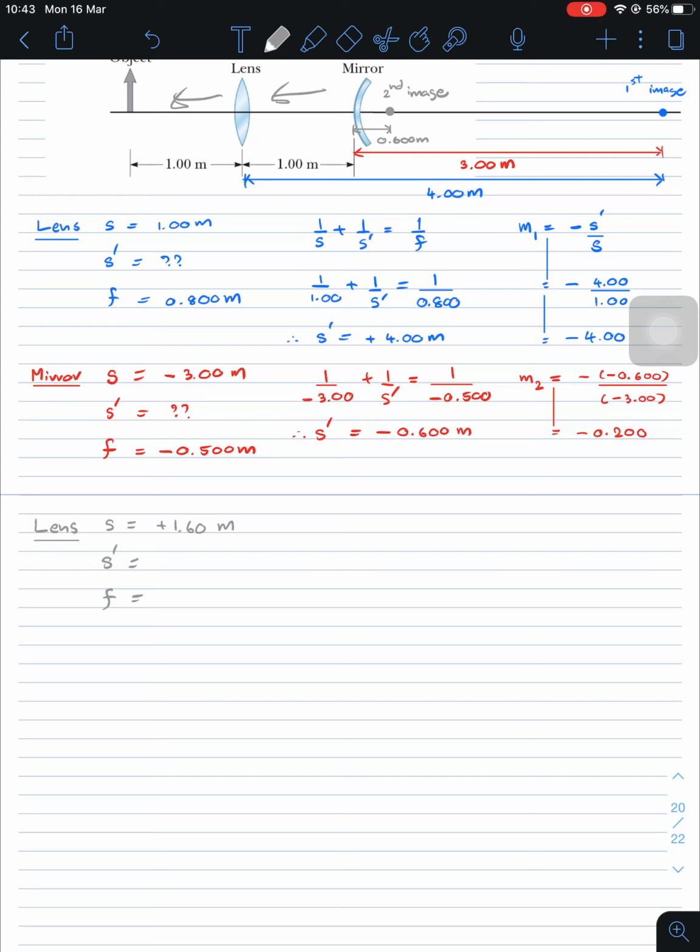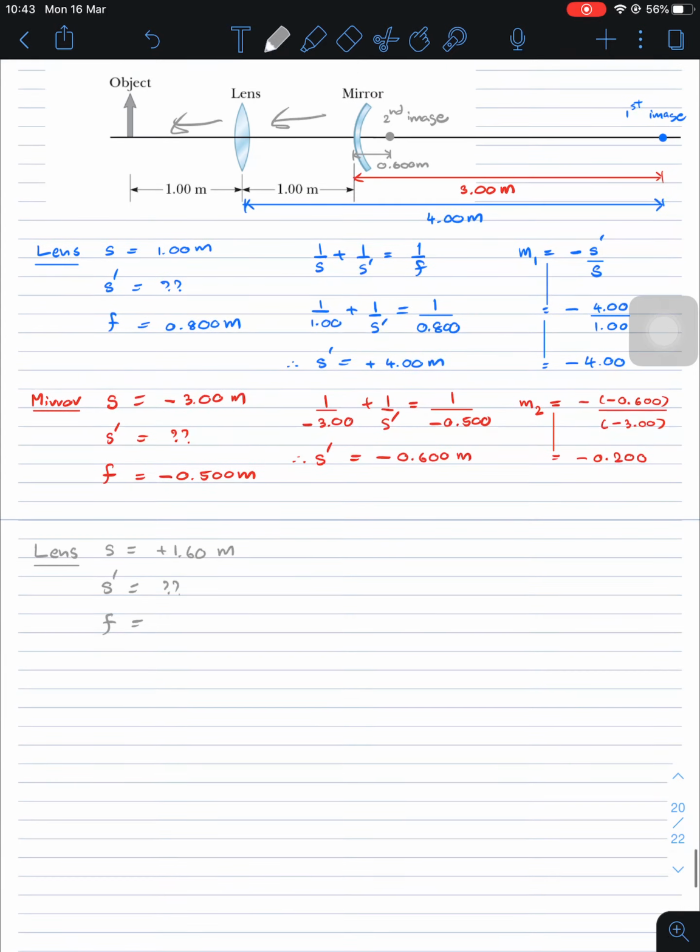We just want to find the S prime. For the F, again, it equals 0.800 meter.